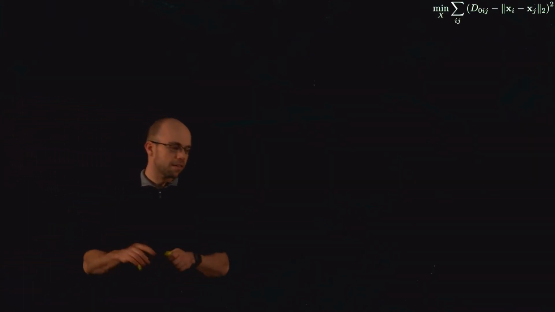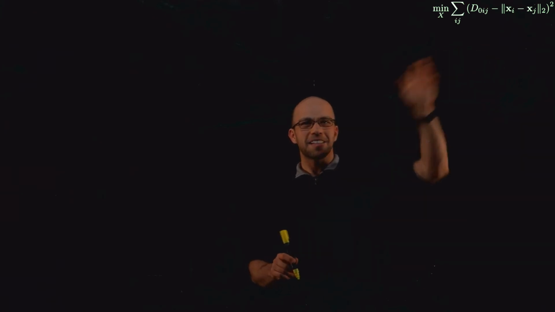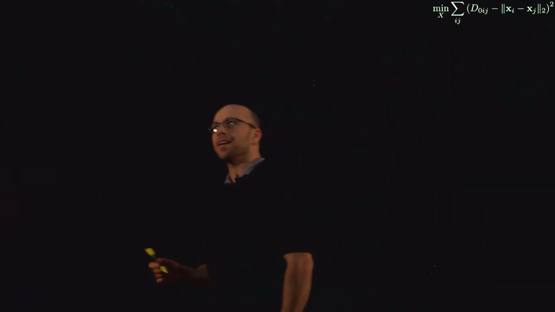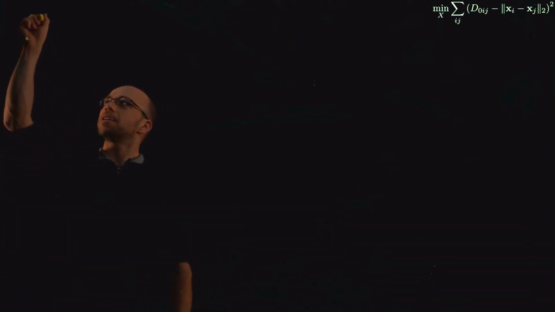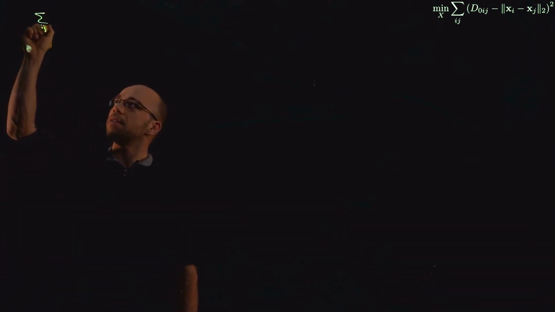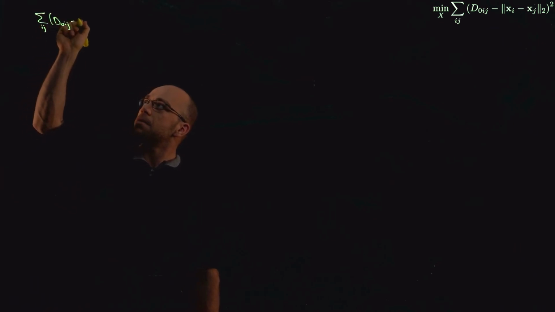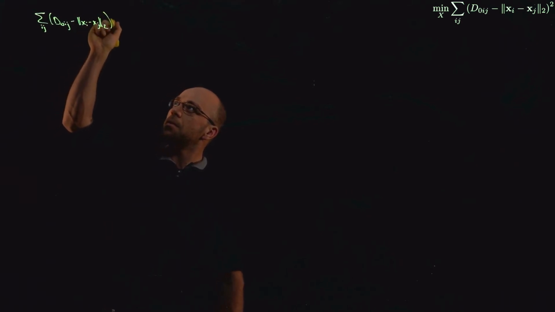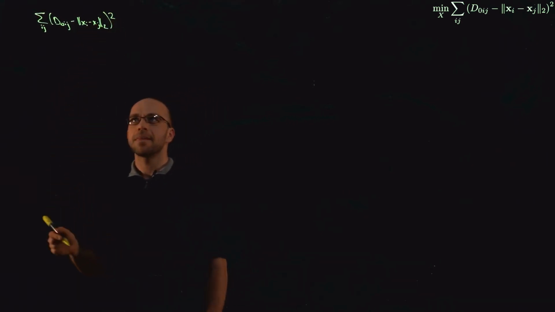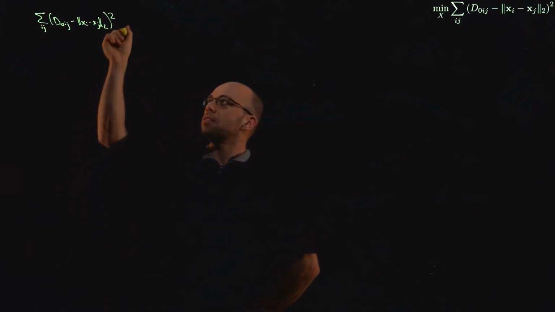As with just about every proof that we do in our lectures, we're going to take some squared quantity and expand the square. So let's do that. In particular, we can write the following. We have an objective function, which is the sum over ij of d naught ij minus the 2-norm of xi minus xj, quantity squared. And now let's expand this outer square here. So what are we going to get?